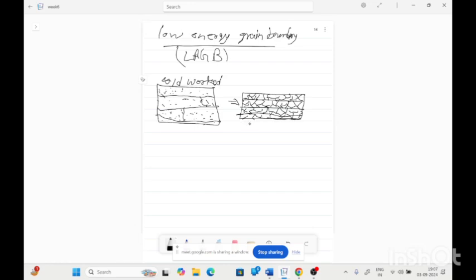So in the previously deformed grains, small strain-free grains are nucleated.